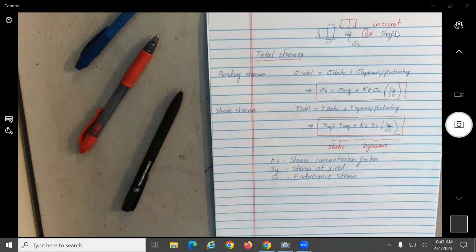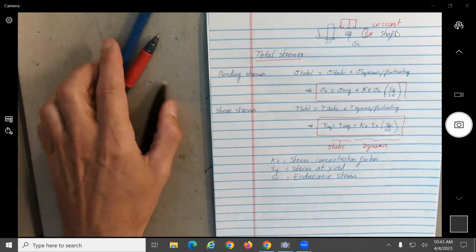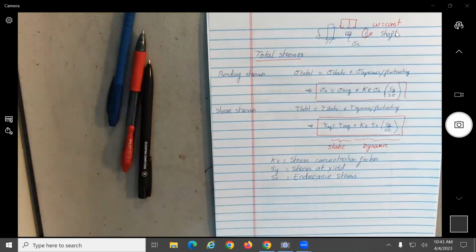How would the average be, like sigma average and sigma a? It will be the static load. In most cases, that's our average, which will be our mid-range.